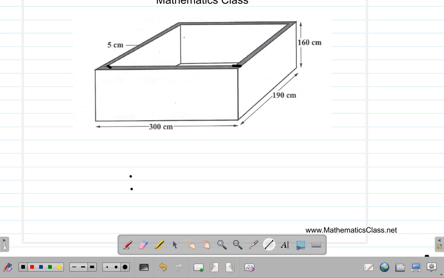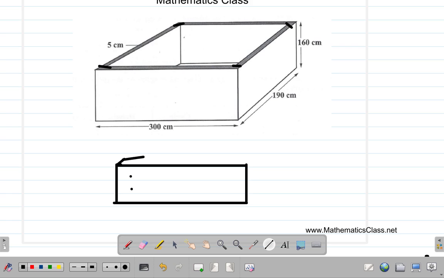But make the front go right across, so the front and the back are full length. If you do that, this is the situation you'd have. The board I use to make the front would look like this.